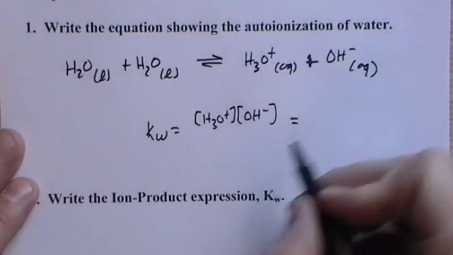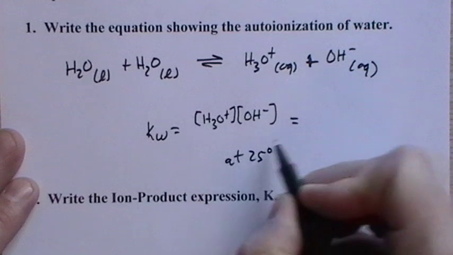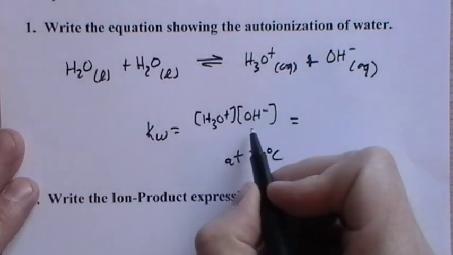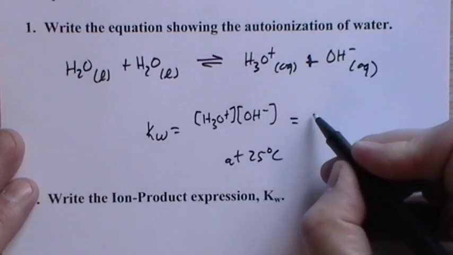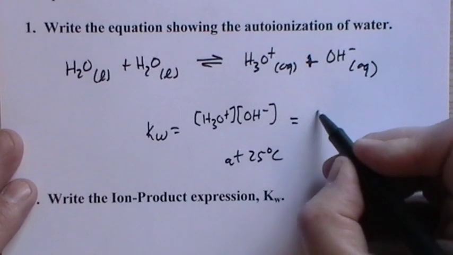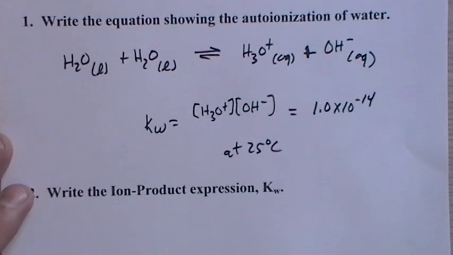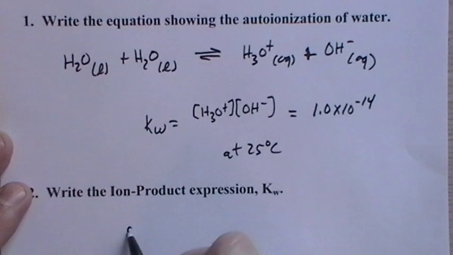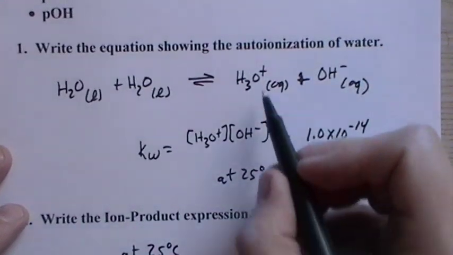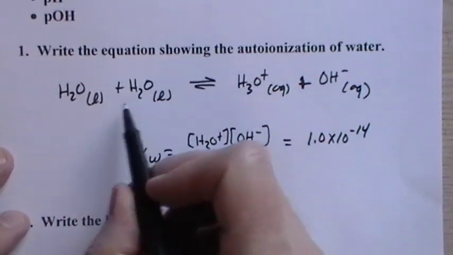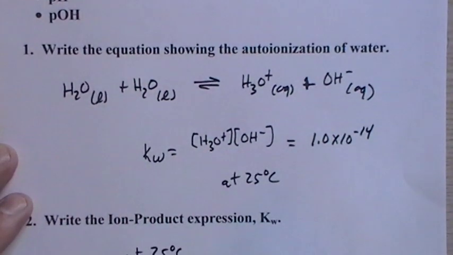And at 25 degrees Celsius, this expression is always going to be 1.0 times 10 to the minus 14. So at 25 degrees Celsius, since the number of H3O plus and OH minus are going to be the same, because it's 1 to 1, we could put in x as the unknown.